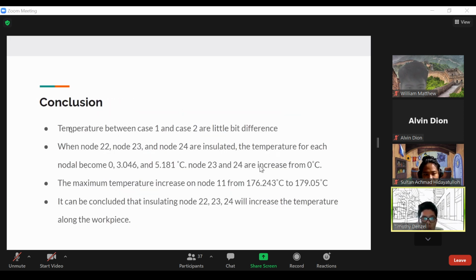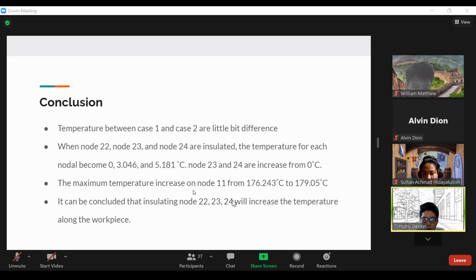This is a conclusion. Temperature between case 1 and case 2 are a little bit different. When node 22, node 23, and node 24 are insulated, the temperature for each nodal becomes 0.3, 0.046, and 51.81 degrees Celsius. Node 23 and 24 are increased from 0 degrees.